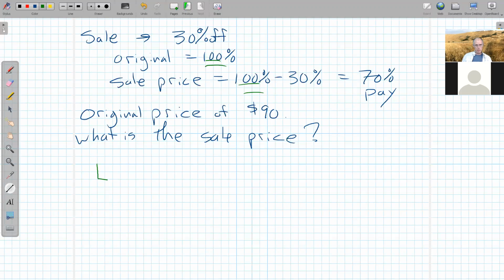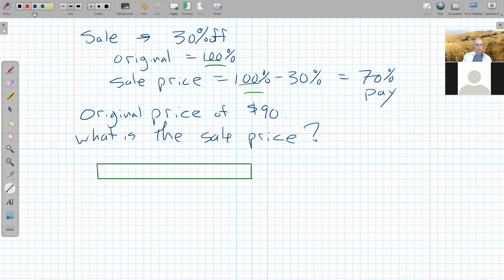I'm going to make every other one. So there's 10, 20, 30, 40, 50, 60, 70, 80, 90. All right, so if I counted right, that should be 100% right there. And double check.